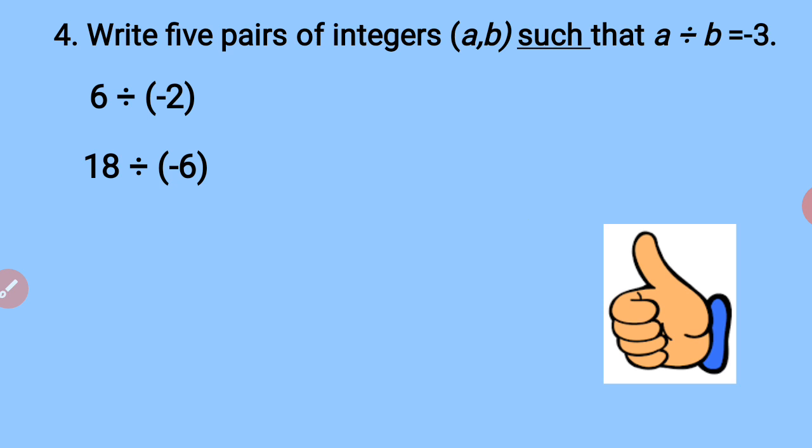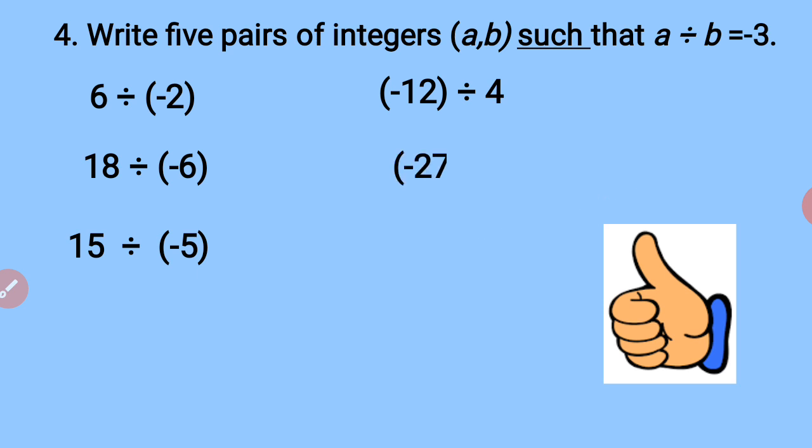Few pairs we have written here, you may have other set of numbers also. 6 divided by minus 2 gives you minus 3. Do the division quickly. 18 divided by minus 6, again minus 3. 15 divided by minus 5, again minus 3. Minus 12 divided by 4. It's not compulsory that second number only will be negative. First number also can be negative.